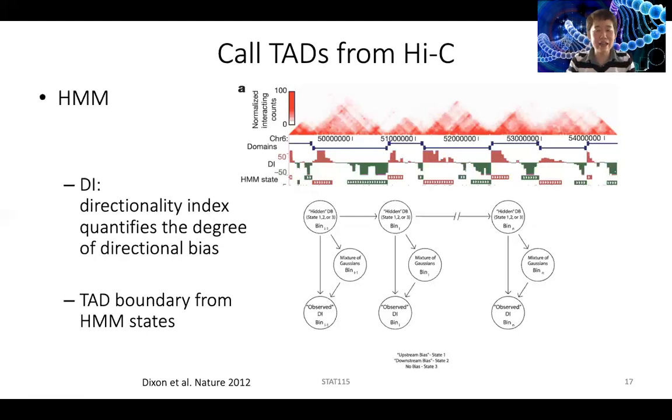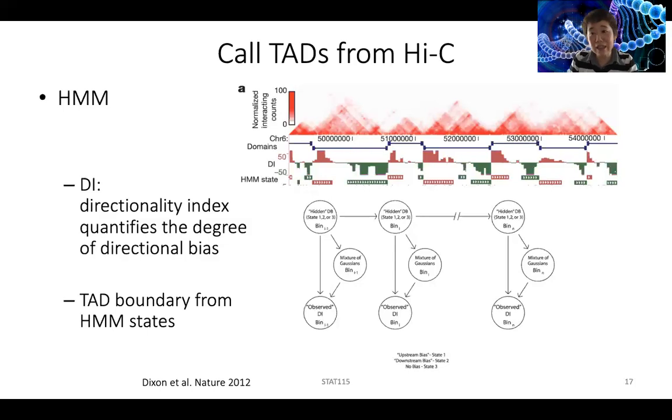The transition probability is asking how often you change from a red block to a green block. You can see roughly in the genome, we now know it's roughly 150 kb. And how often do you see a transition from a red to a green, right?